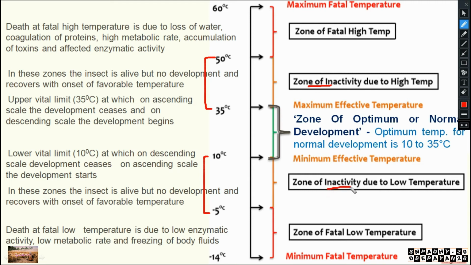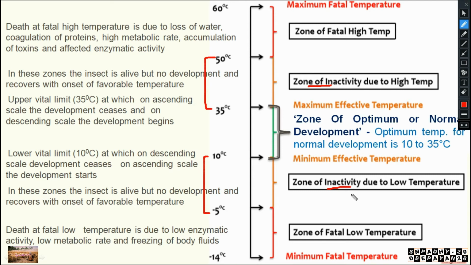If the zone is between 35 to 50, then that is known as the zone of inactivity due to high temperature. If the temperature range is between 10 to minus 5 degrees centigrade, then that will be known as the zone of inactivity due to low temperature.